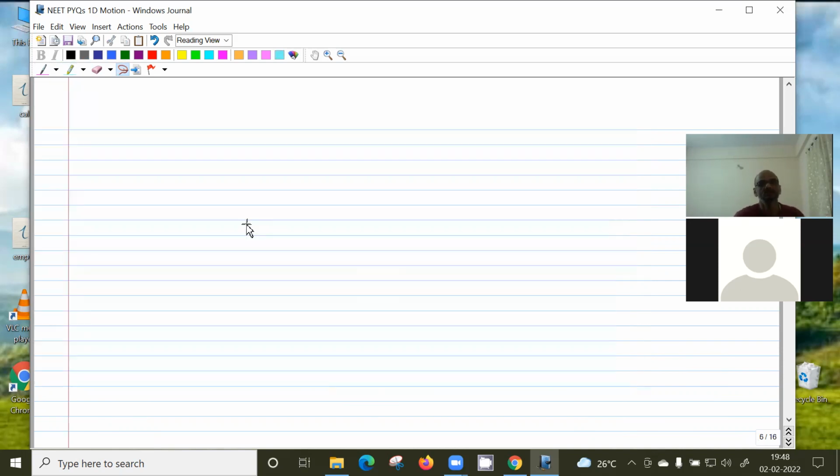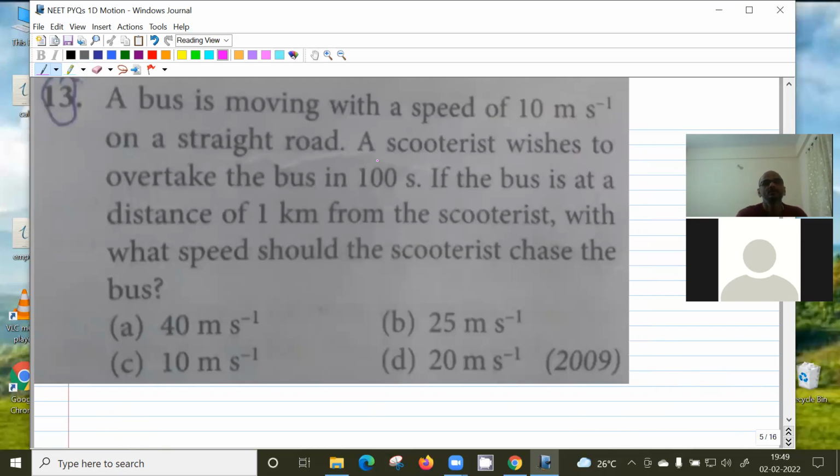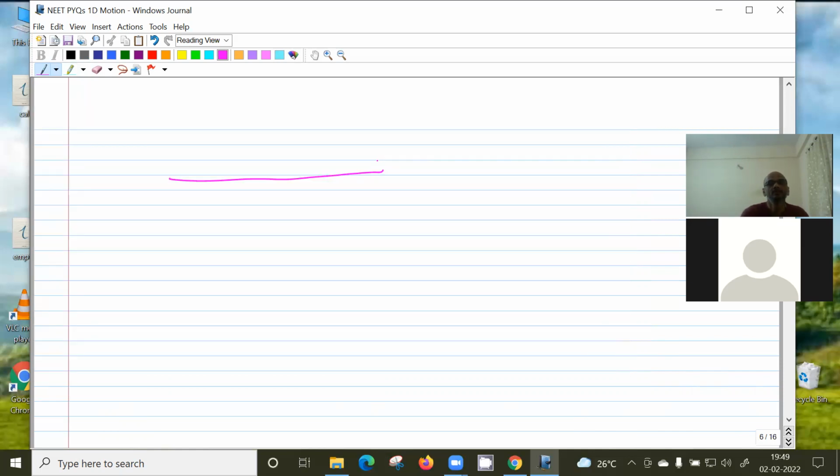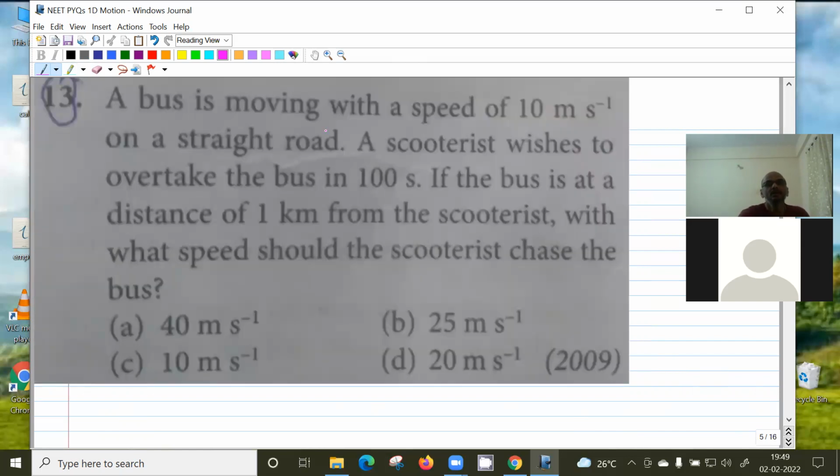So this is again a 1D problem. So this is the bus which is moving at 10 meters per second.